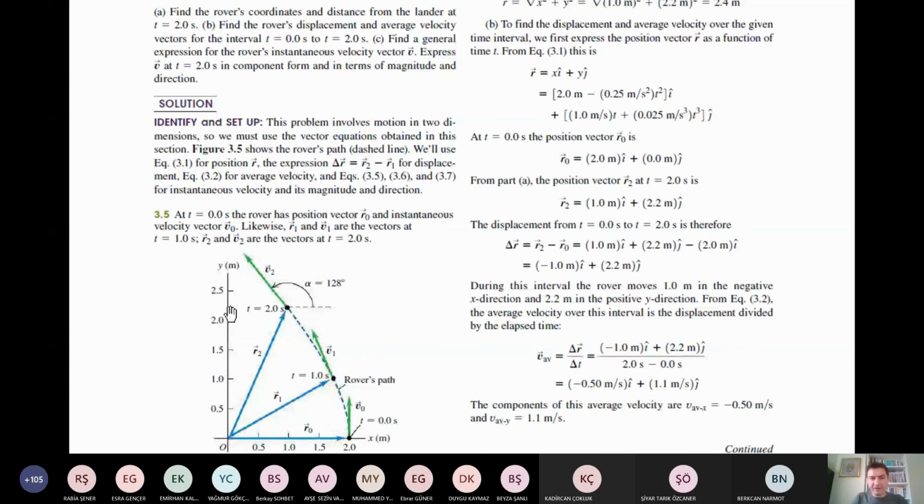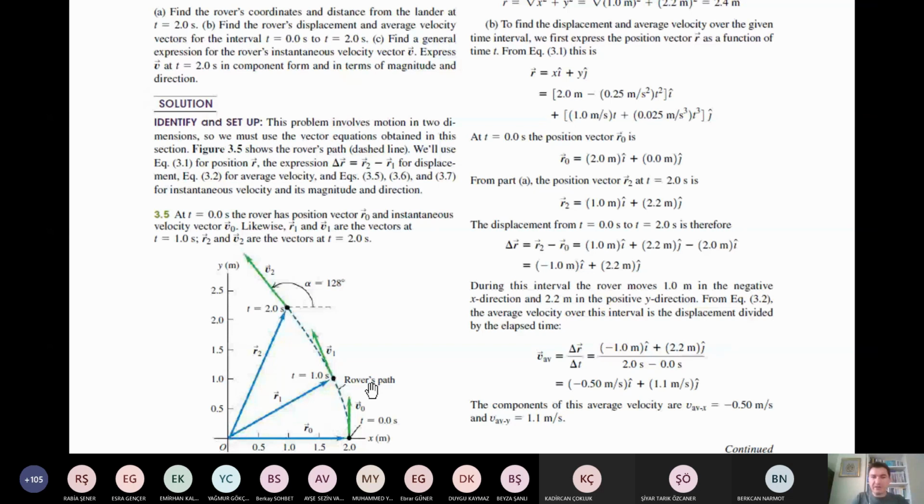So what do you see here? This is the rover's path, okay? The rover started from this point, and then it goes along this path. So what are these V0, V1, V2? These are instantaneous velocities. And what you see here is that this instantaneous velocity is always tangent to the path.